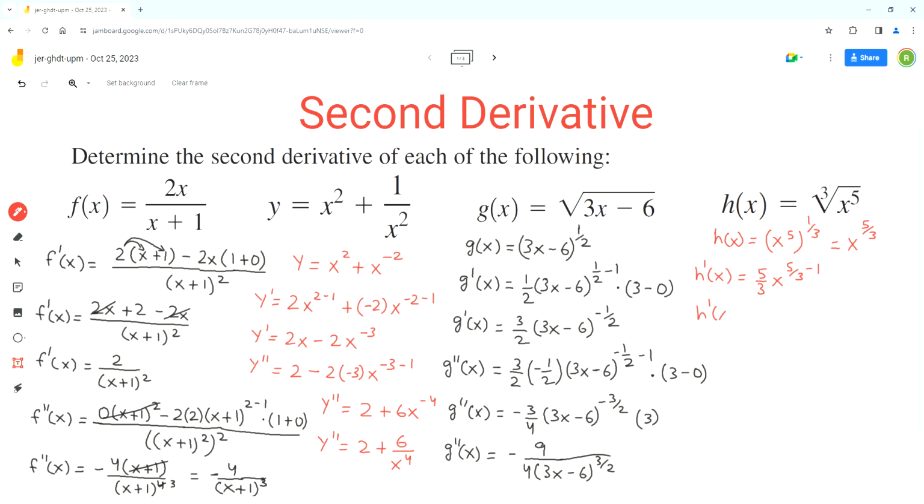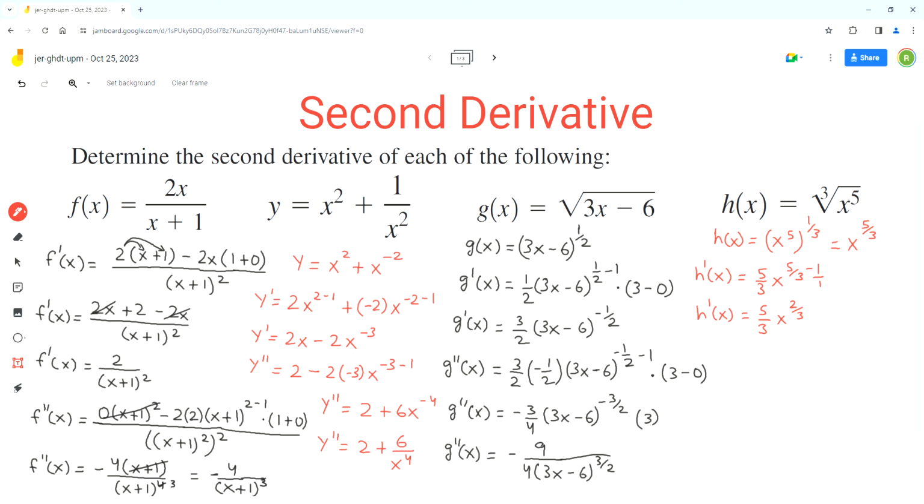So h prime of x equals 5 over 3, and then x exponent. So 5 over 3 minus 1 is equal to 2 over 3, because 1 can be written as 1 over 1, and the common denominator will be 3. So we get 5 over 3 minus 3 over 3, which is equal to 2 over 3.